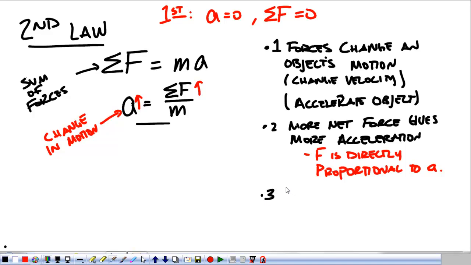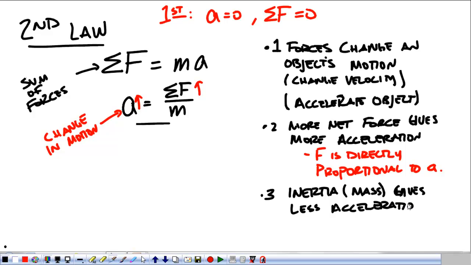The third thing we see is that inertia, or mass, gives less acceleration. Essentially, the more mass I have, the harder it is to accelerate.